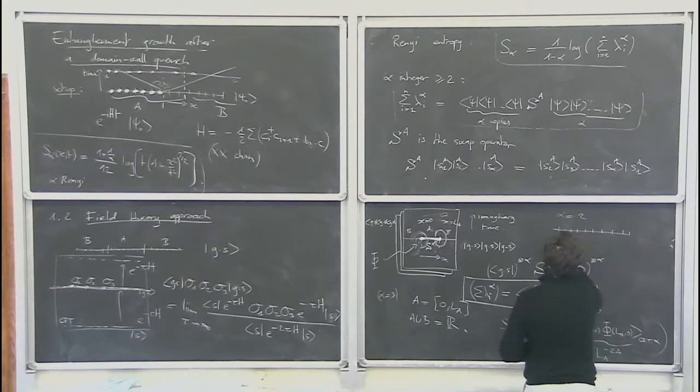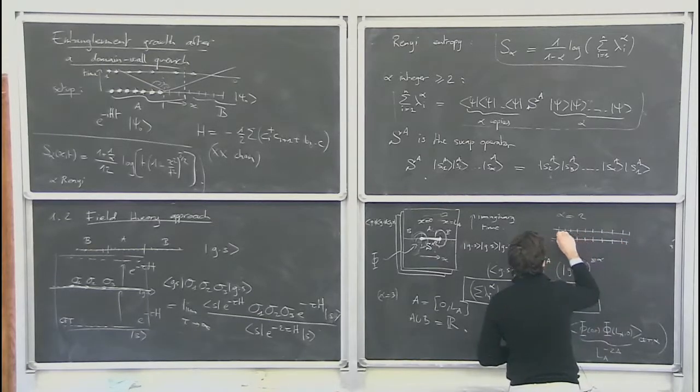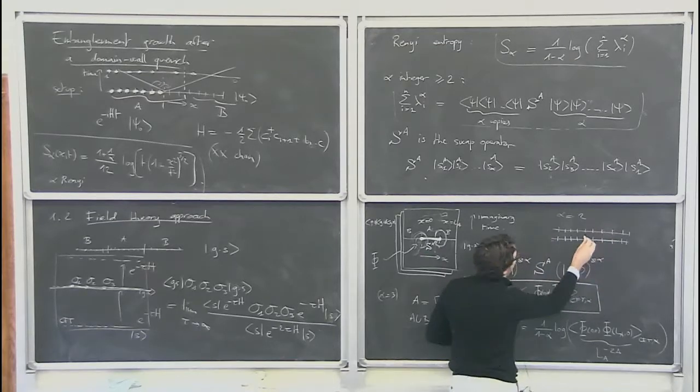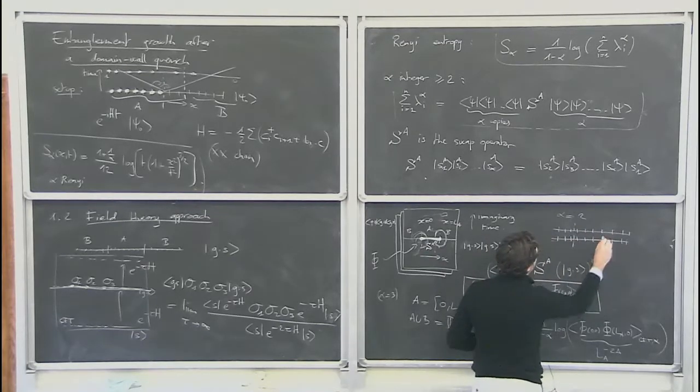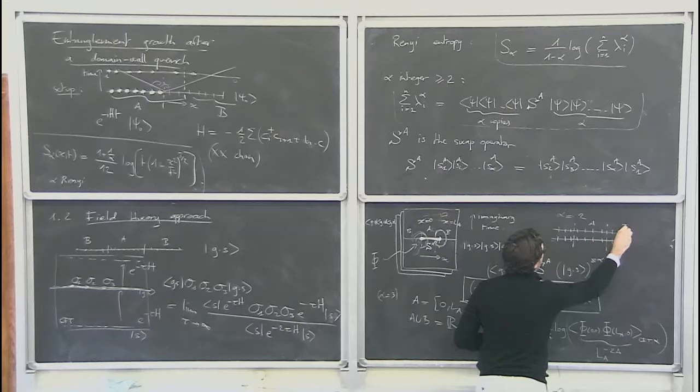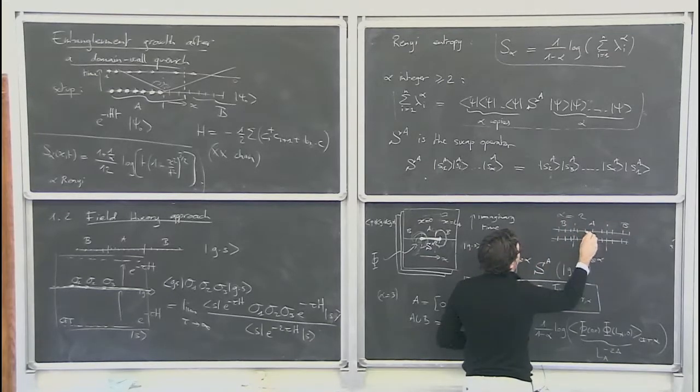Sorry, I have to put them in front of one another. And SA is, let's say this is A, this is B. And SA is the operator that exchanges those two.